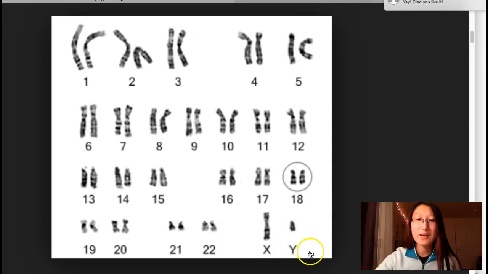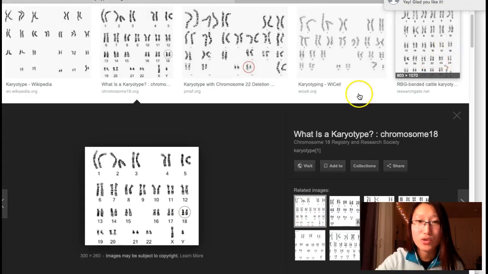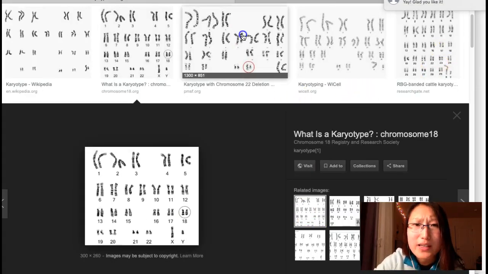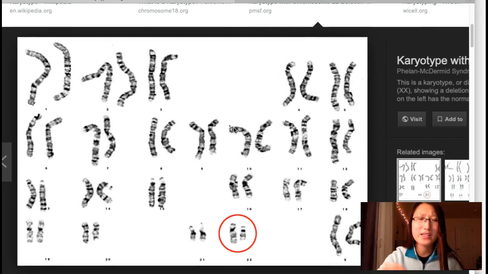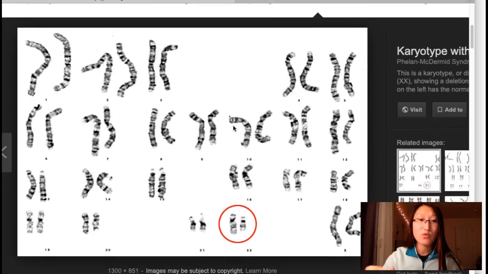And if there is a person with two X chromosomes, such as this one, this is a normal human female karyotype. They have the first 22 pairs of chromosomes, and then two X chromosomes. That makes a person a female.